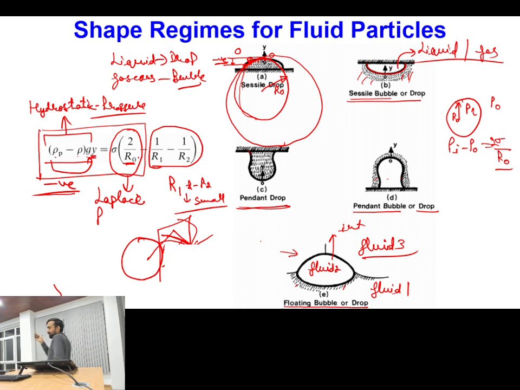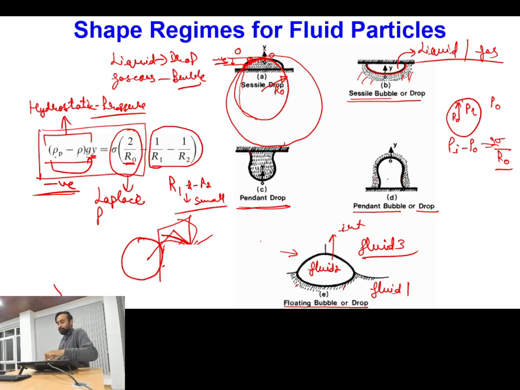So his question was why this 2 by R naught should always remain fixed. Basically, this 2 by R naught comes from the point with reference to which we are balancing our hydrostatic pressure. If I take this balance point to any other location, then that particular quantity will be fixed. But if I shift my location from this point to any other location, then my R1 and R2 will not always be the same.